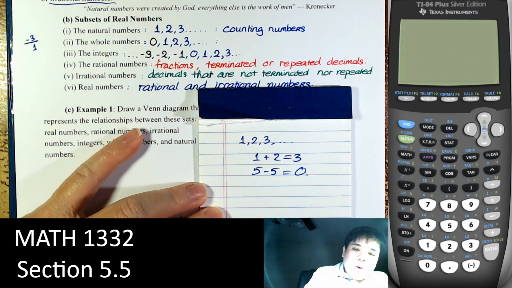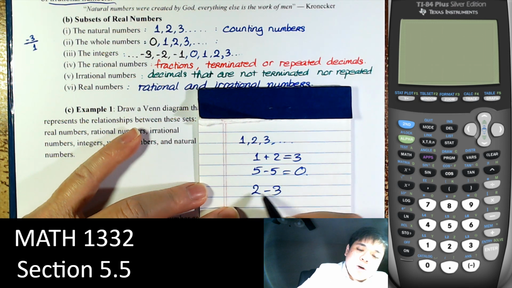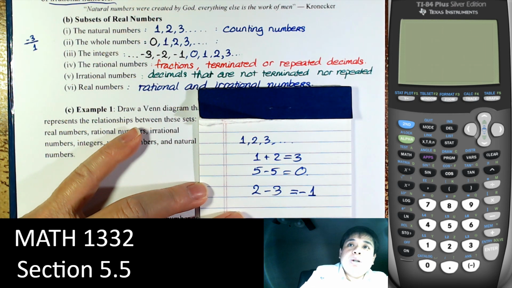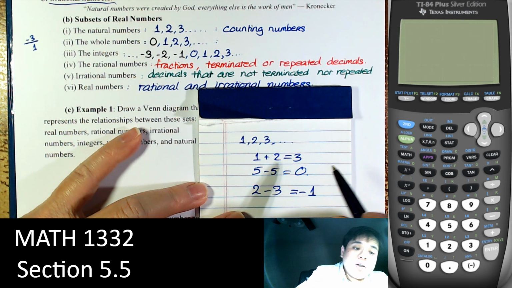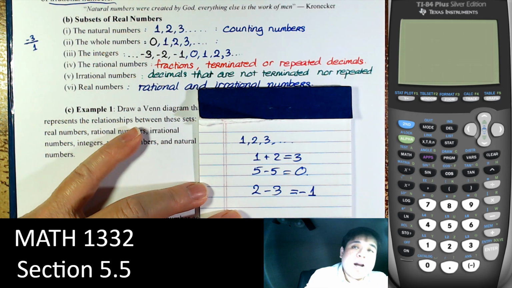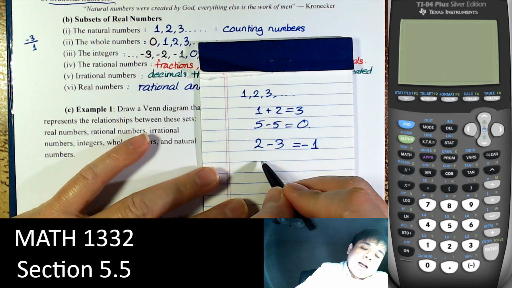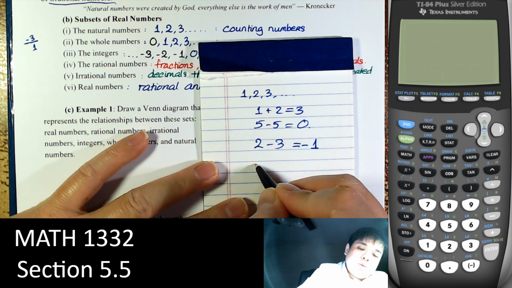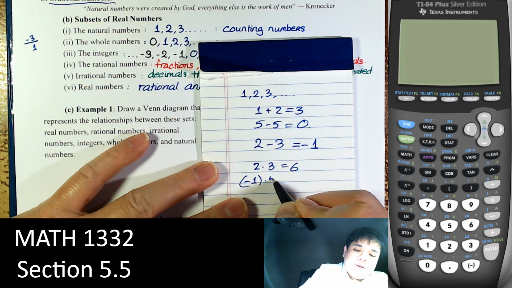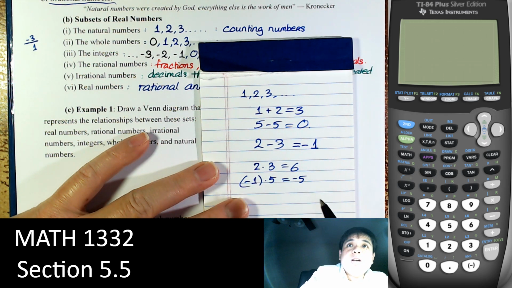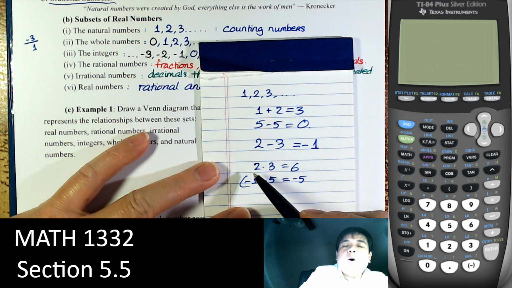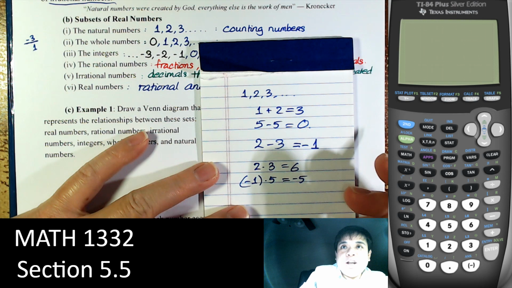Now if we subtract a bigger number from a smaller number, we have negative 1, and because that is new, that is not a whole number, so we have to make the set bigger, so that's called the integers. Now with that, we can multiply: 2 times 3 is 6, negative 1 times 5 is negative 5. So all the products of integers are integers, which is good.